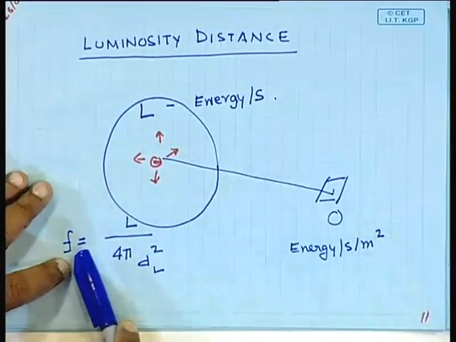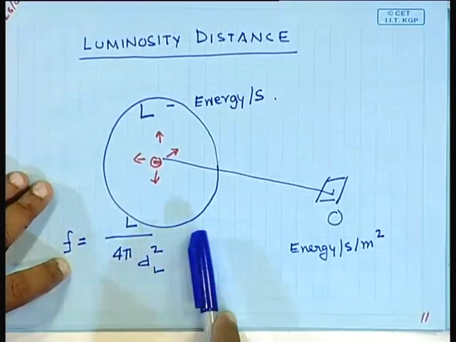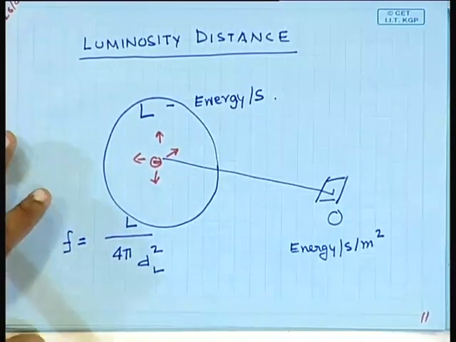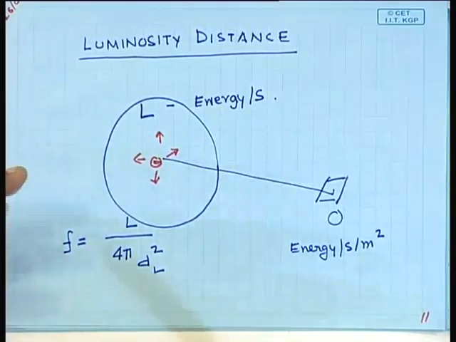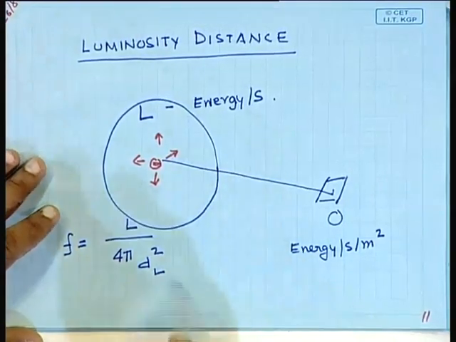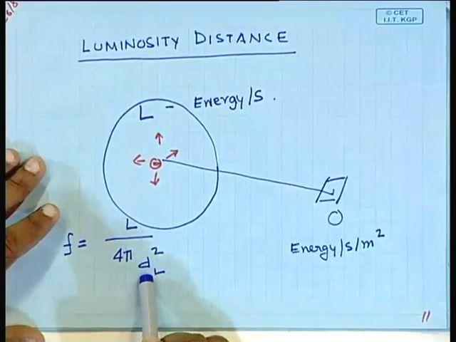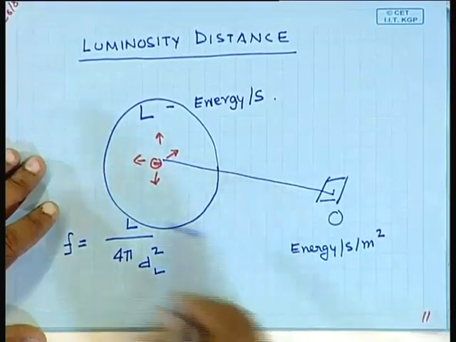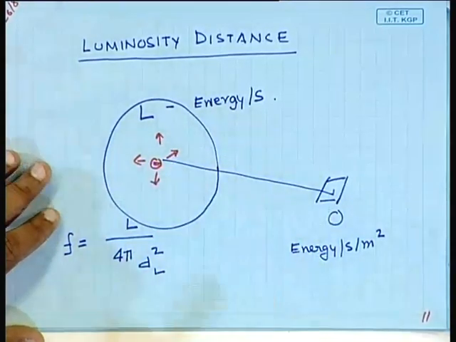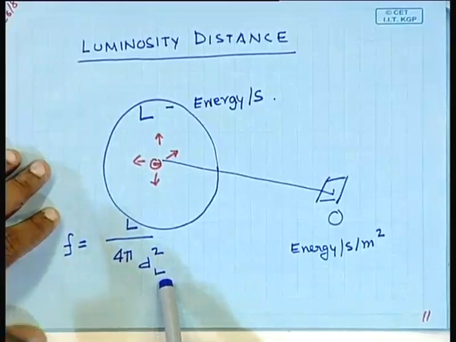So, the flux is the luminosity divided by 4 pi distance squared. Now, in non-Euclidean geometry, in the cosmological setting, this distance will be different from the angular diameter distance or the proper distance to this object. So, we call this the luminosity distance.